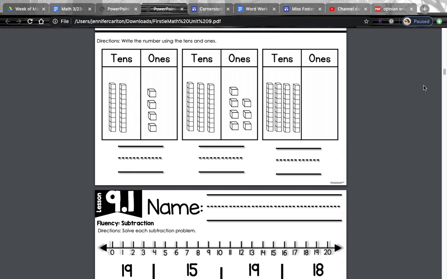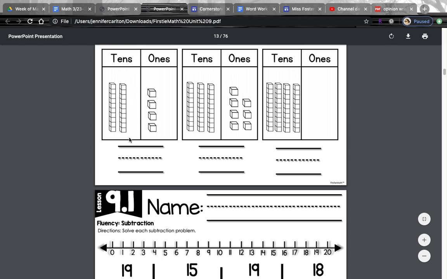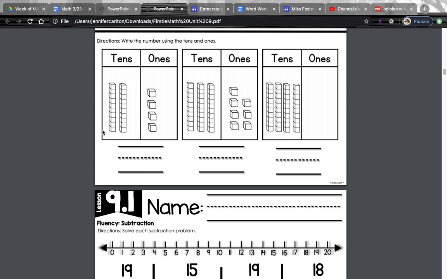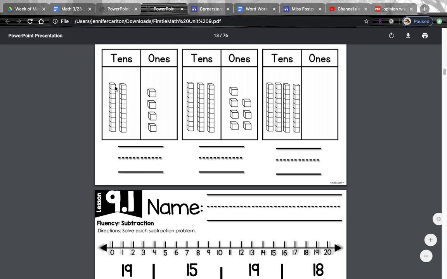Write the number using tens and ones. Okay. So sometimes when we do these, we would get them mixed up and we would put the ones and the tens, all right? So let's figure this out. I know when I look at the tens column, how many tens do you see? I want you to write how many tens. Do I see 2 tens?